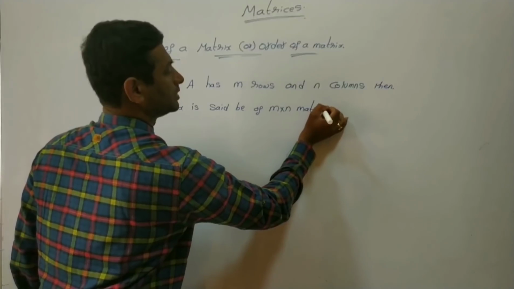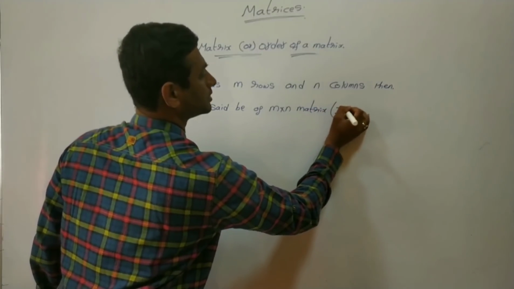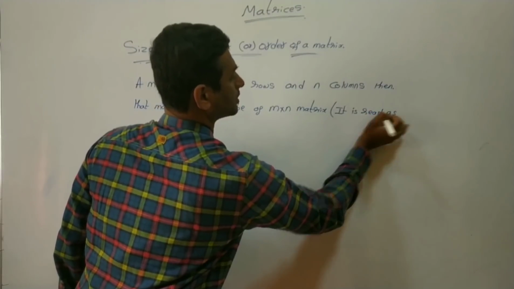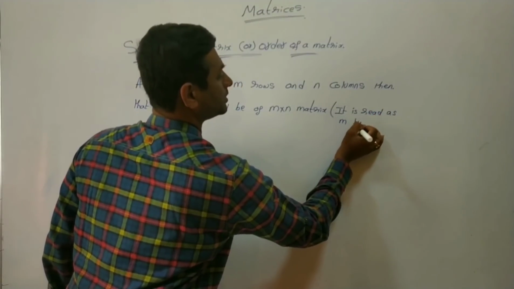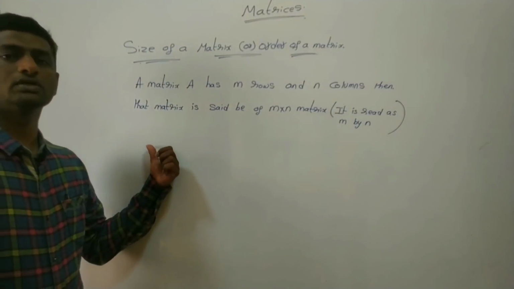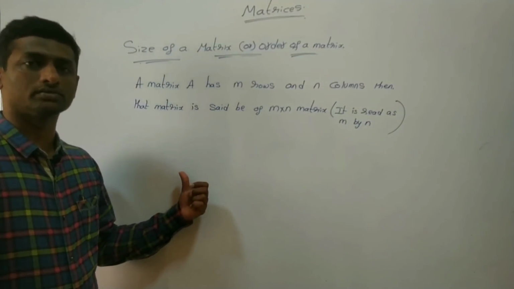It is read as m by n matrix. It is a matrix with m rows and n columns.